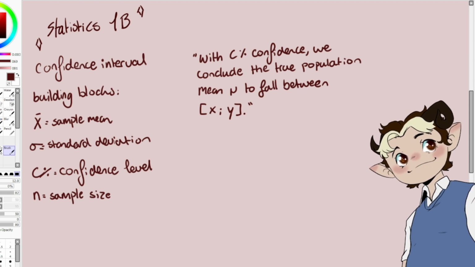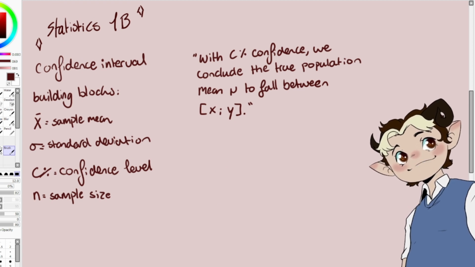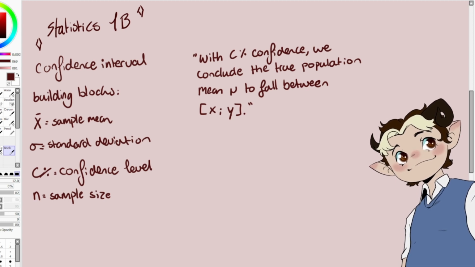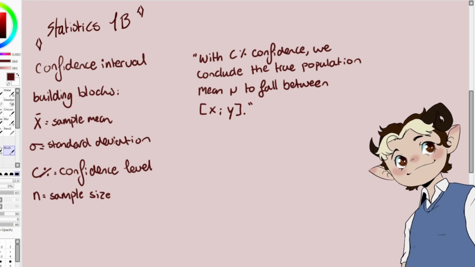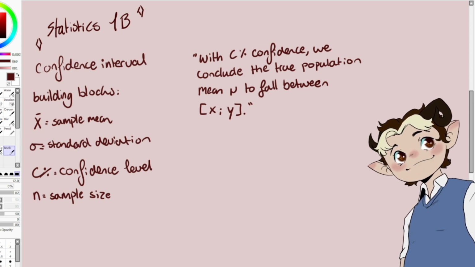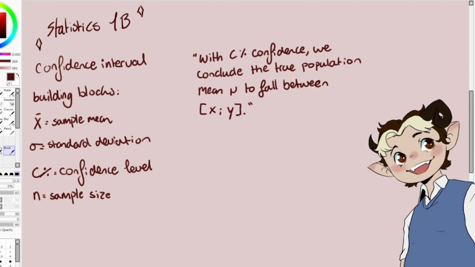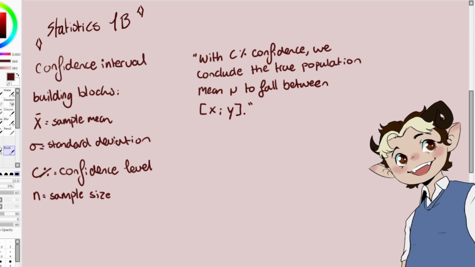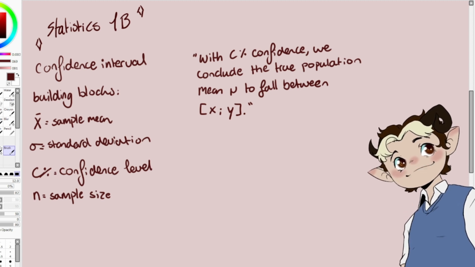Alright, so now let's move on to the confidence interval. The building blocks that we're going to need for this one are, once again, the sample mean, the standard deviation, a confidence level, and a sample size, because we always need a sample size. Basically what we get when we do a confidence interval is we can say with X amount of confidence that the true population mean will fall between X and Y. That is all we say.